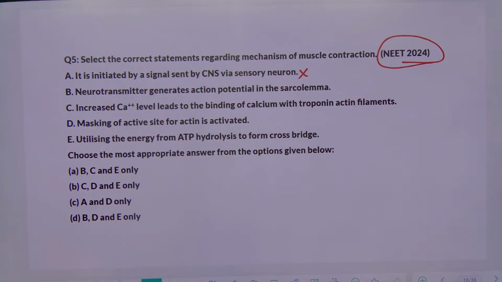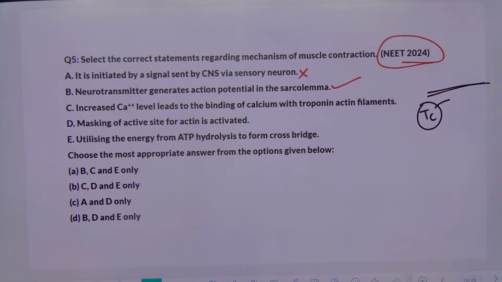Next, neurotransmitters generate action potential in the sarcolemma, right? The neurotransmitter acetylcholine generates action potential, nothing but depolarization, in the sarcolemma, the plasma membrane of the muscle, right? Next, increasing calcium level leads to the binding of calcium with troponin on actin filaments. So whenever there is an increase, what happens? Troponin C will be activated. With this troponin C, what happens? Unmasking will happen, right?